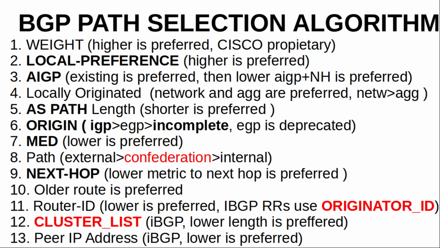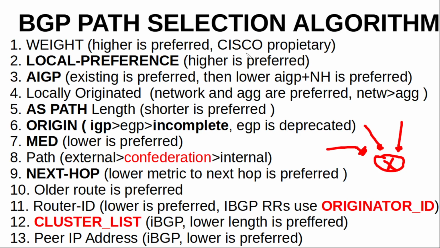Now, this is the BGP path selection algorithm. This is used if one router receives prefixes from several sources. The router has to select which one is the best path depending on several factors. In this case, 13 factors. And you have to memorize this for the exam.